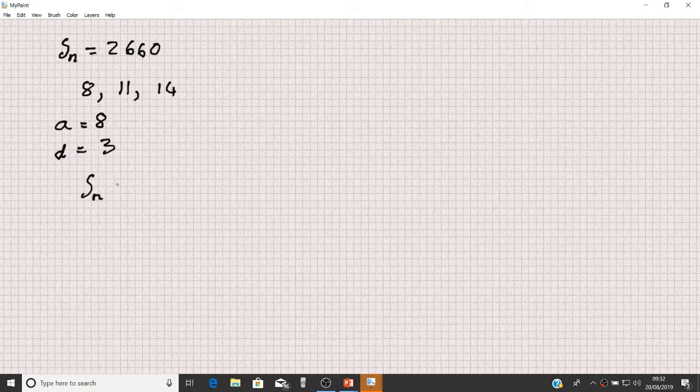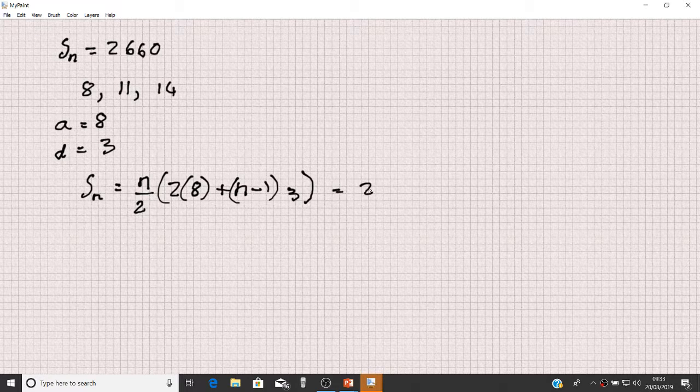So let's just pop everything we have into SN. The formula for the sum of an AP is N over 2, times 2 times A, plus N minus 1 times D. We don't know N, but we do know A, and D is 3. I'm going to simplify this until we have an equation in N. We can set it equal to 2,660.